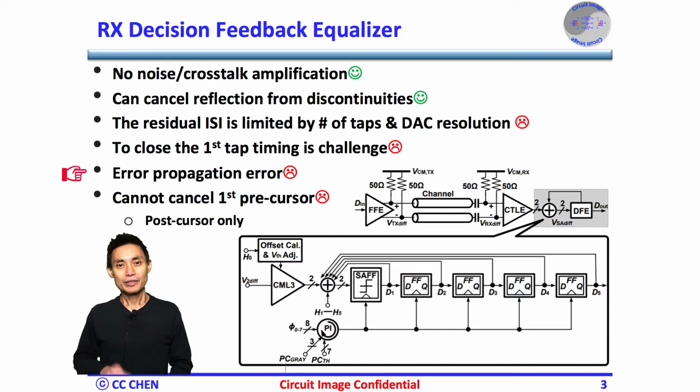Again, this error propagation might not be a big deal, but we must be aware of it over time. Lastly, the DFE cannot get rid of the precursor before the decision, so the residual precursor ISI will be a big issue, and we must get help from the TXFFE or the RX CTLE if that's a big amount.